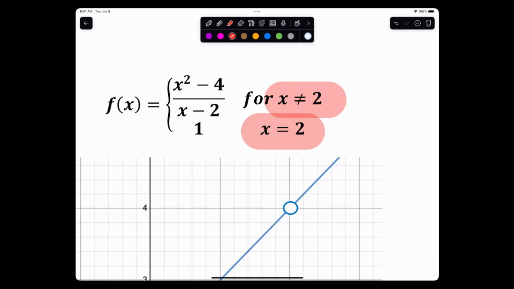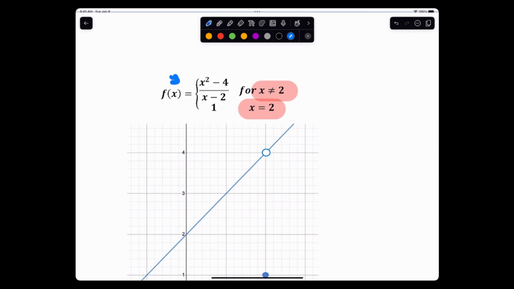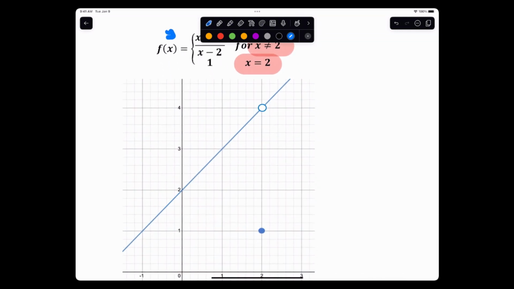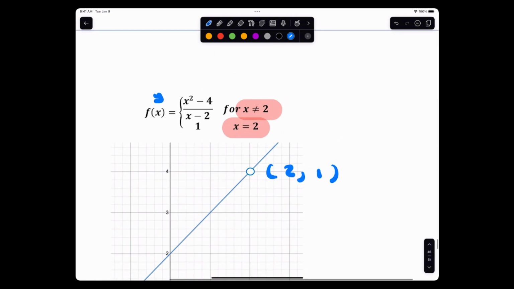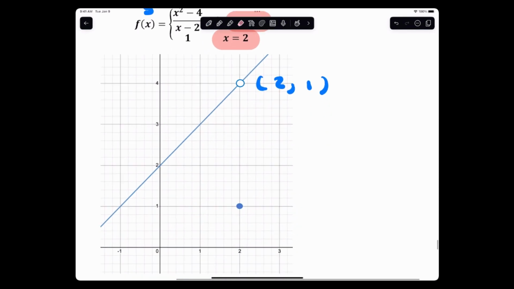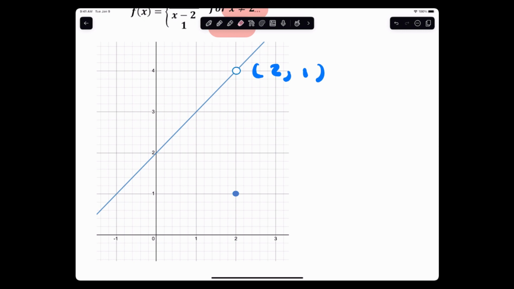So when x equals 2, remember, this f is really your y. So this location here is 2, 1 for the bottom. This is where 2, 1 would be, down here.